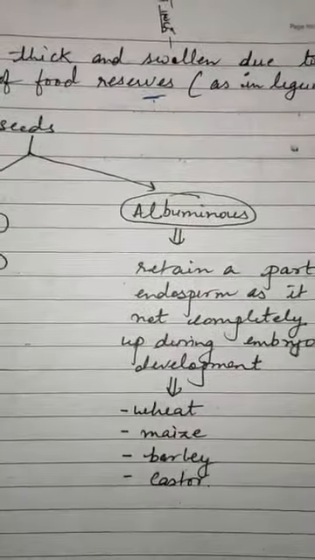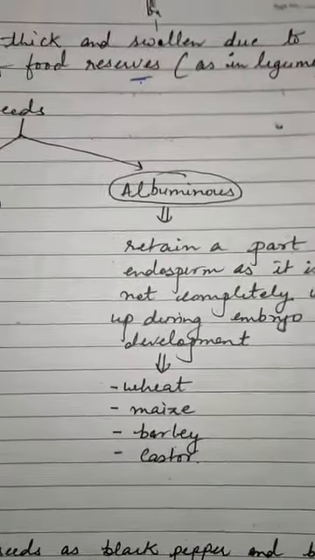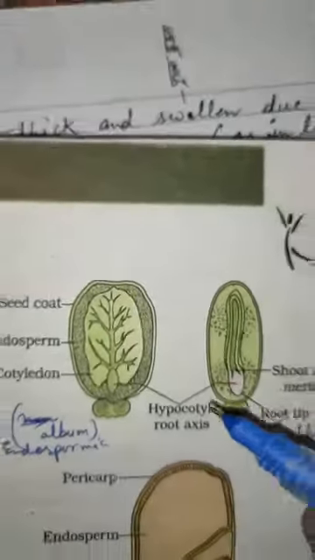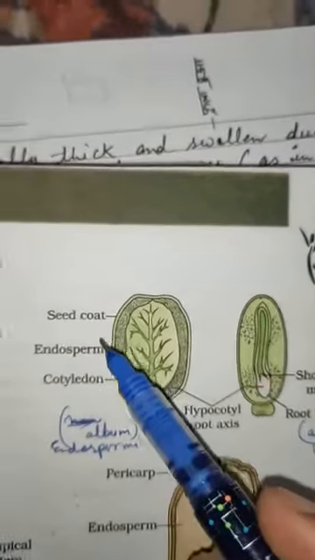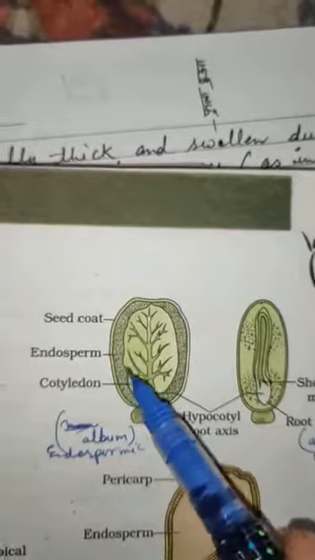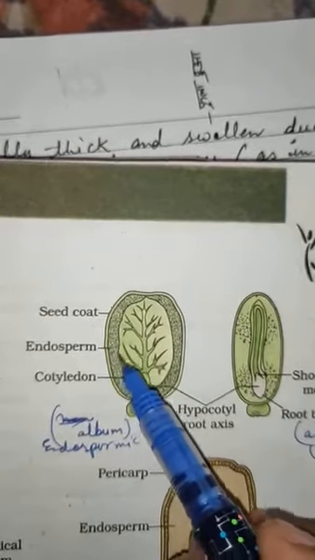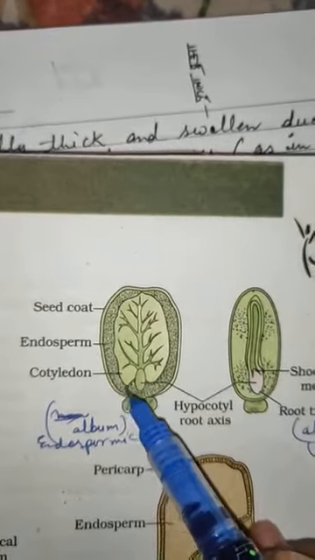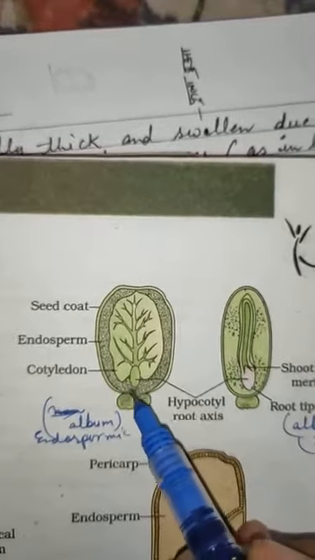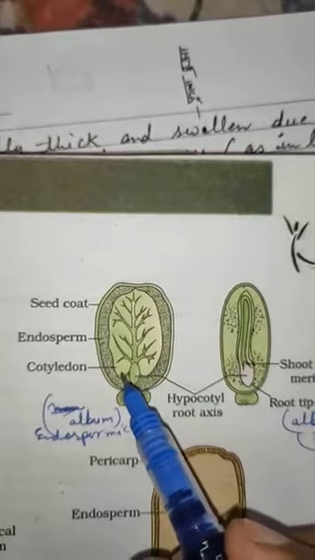I will show you the structure from the book. You will look at here. Right, this is the seed coat. This is the endosperm part. So endosperm persists here. This is the cotyledon.